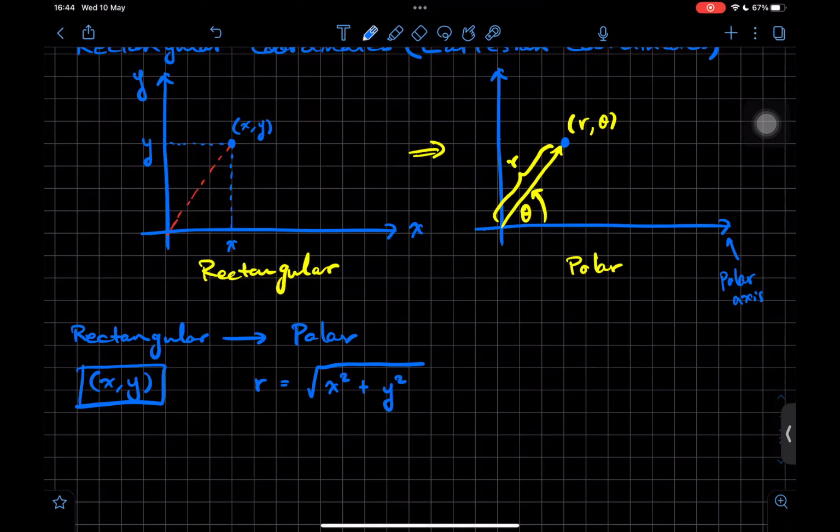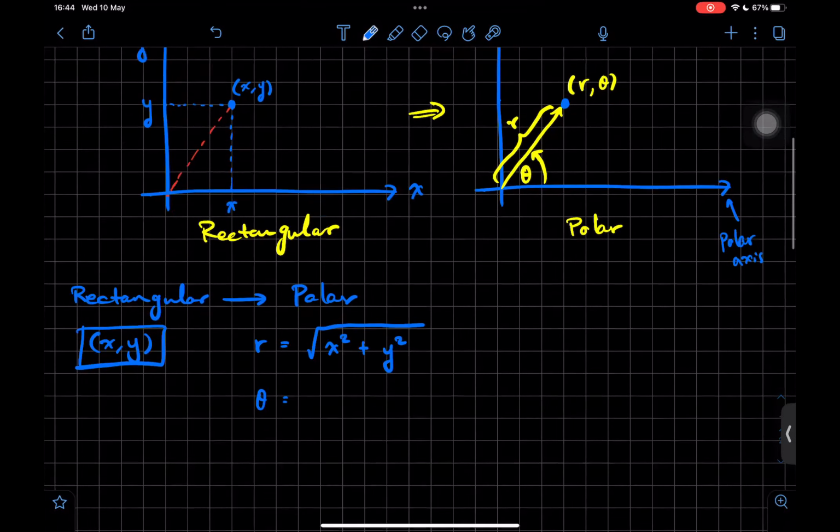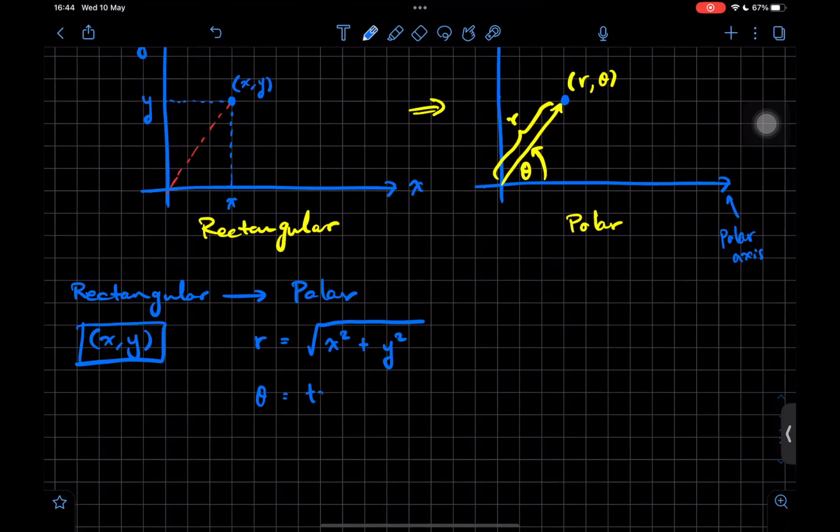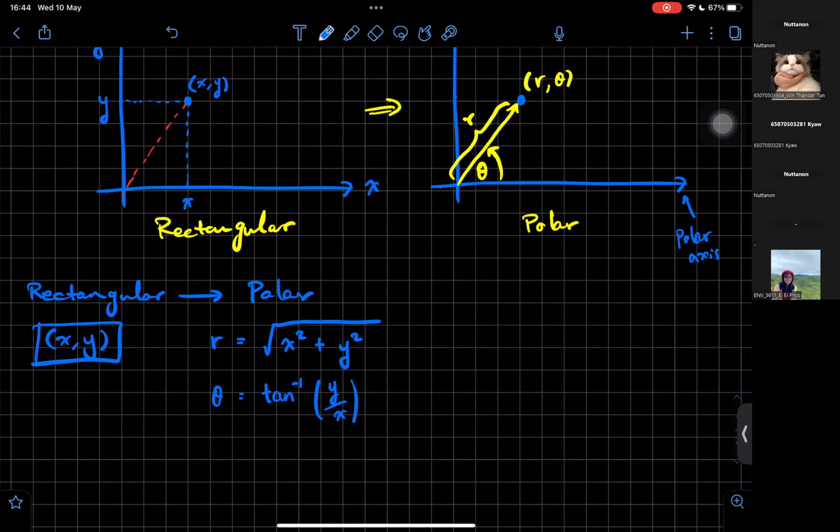Okay, and the theta will be arctan of y over x. Okay.